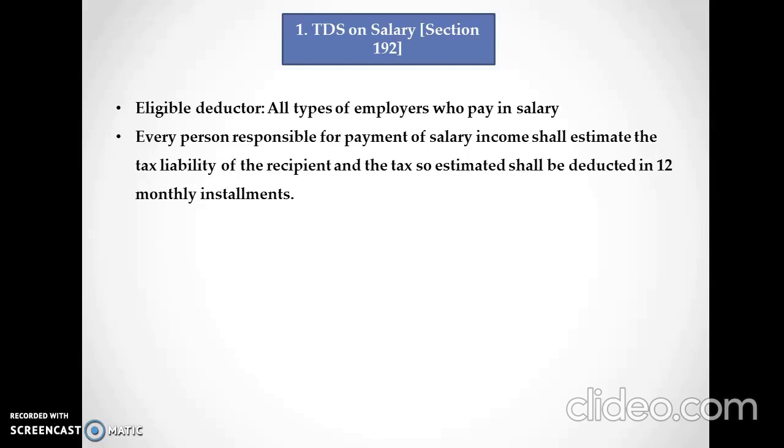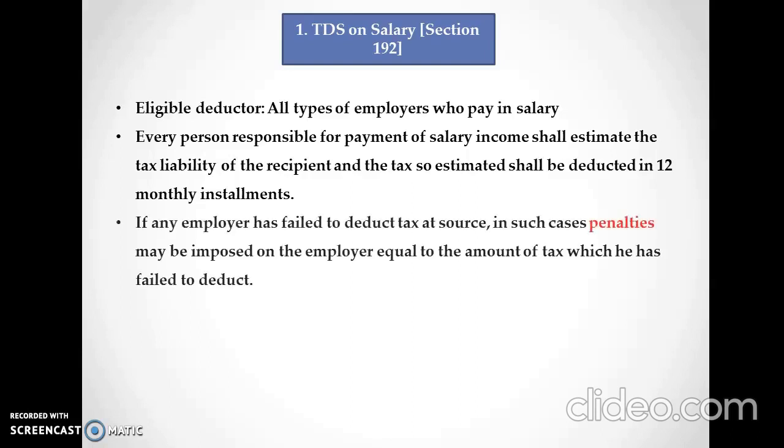So the person paying you the salary will estimate your tax liability and accordingly deduct your TDS monthly. And if any employer fails to deduct the TDS, certain penalties can be imposed on that employer.